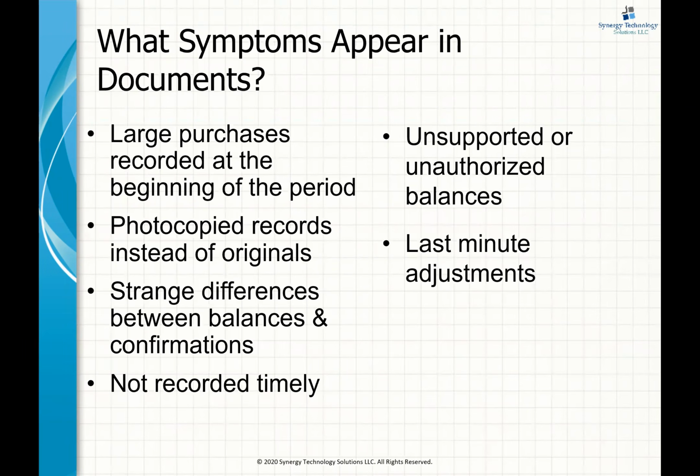I think I have highlighted this many times. These adjusting entries, you have to really pay attention. Too many last minute adjustments, too many year-end adjustments. These are all symptoms of something not done right. It's not necessarily wrong, but you need to pay attention.